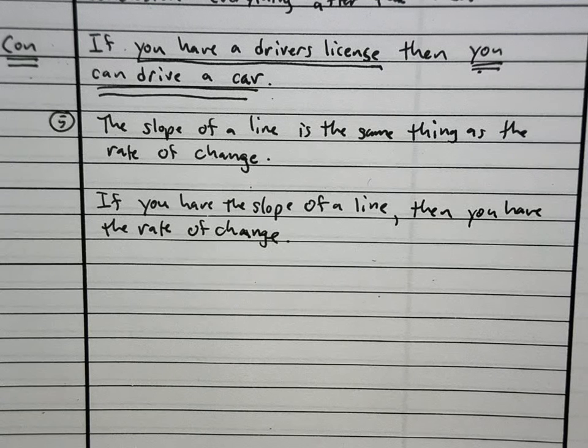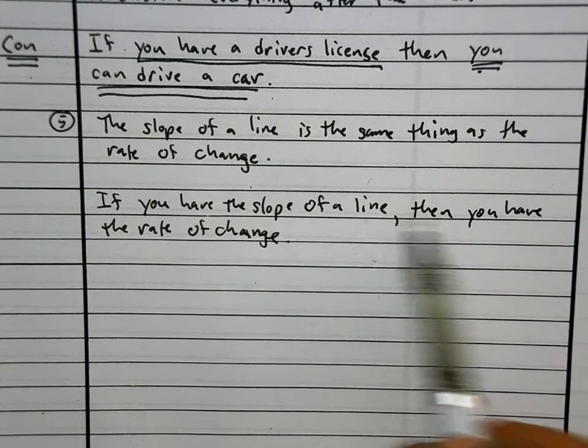All you have to do on number 5 is add the words if and then and still make the sentence make sense. Read it. Make sure that it's understandable. Use common sense here. If you have the slope of a line, then you have the rate of change.